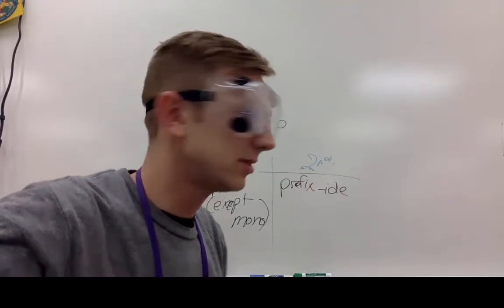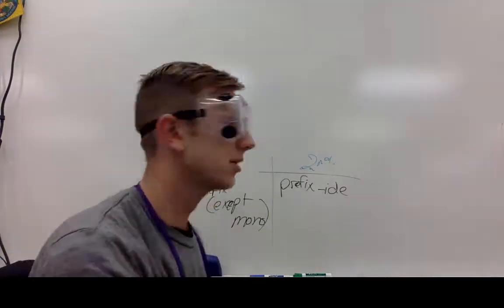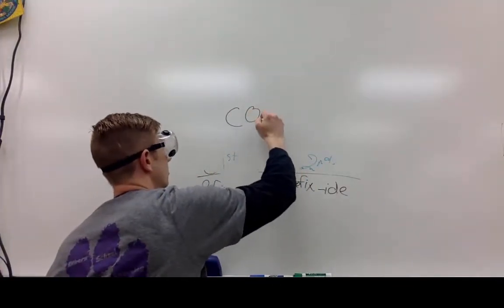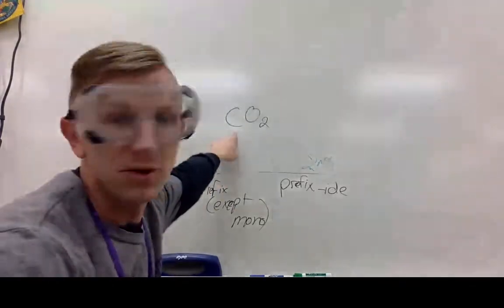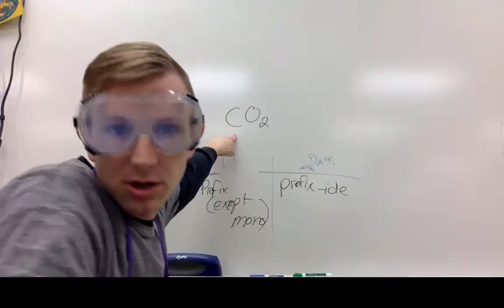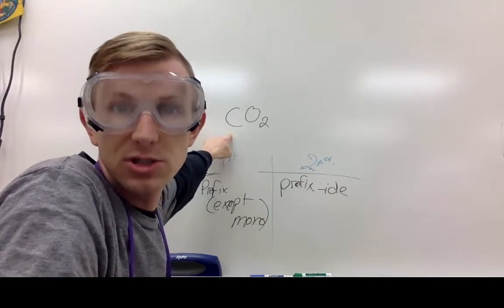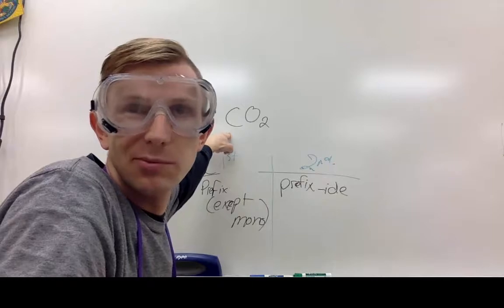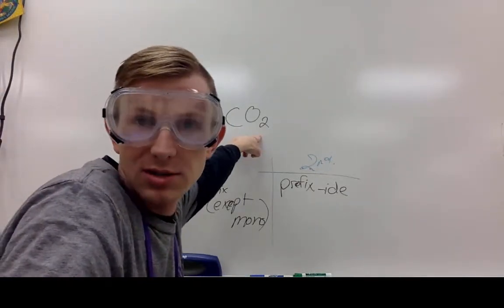We're going to look at another one. This one will be a really common one that you're familiar with. When you look at that, the first element is carbon. Now, we only have one of it, but again, we don't say monocarbon because it's the first element. So we just say carbon, and then we're implying that there's only one of it. So carbon, and then we have two oxygens.